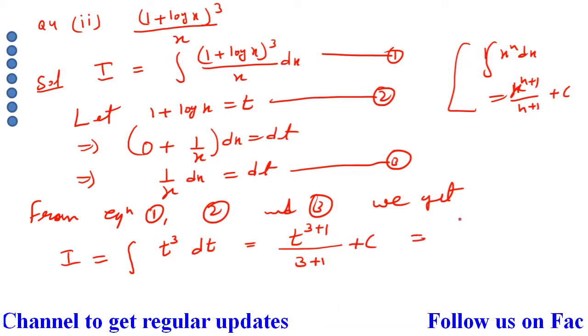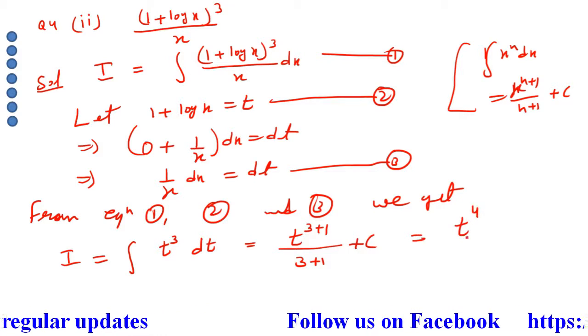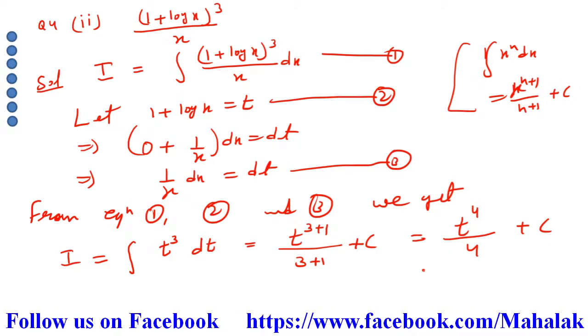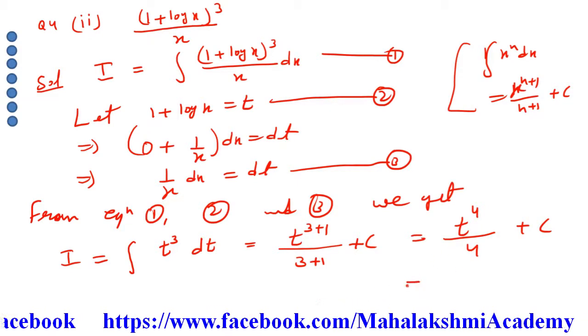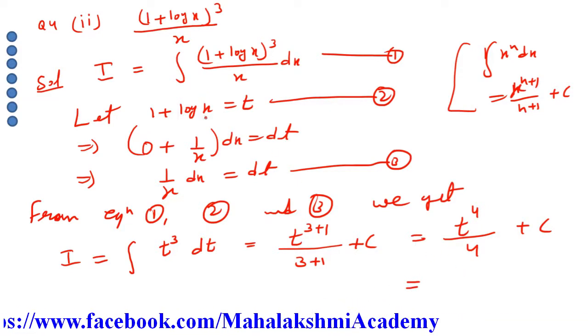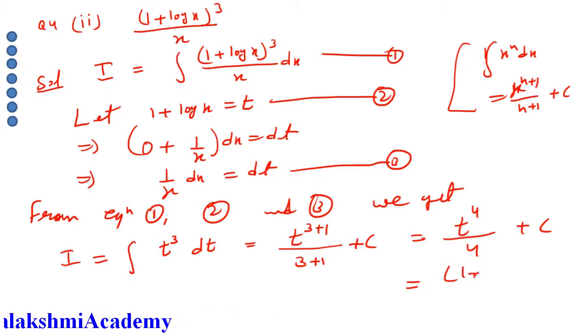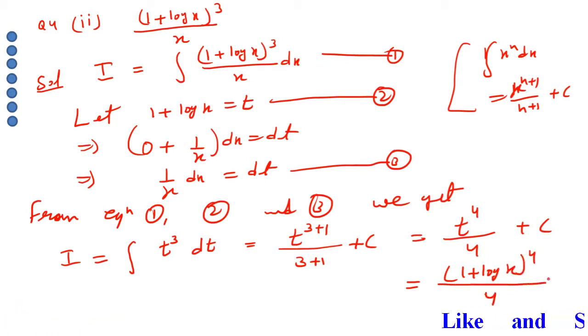That we write t to the power 4 upon 4 plus c. So finally this t will replace in terms of x. So what was t? We assumed 1 plus log x. So t will be replaced by 1 plus log x power 4 upon 4 plus c.